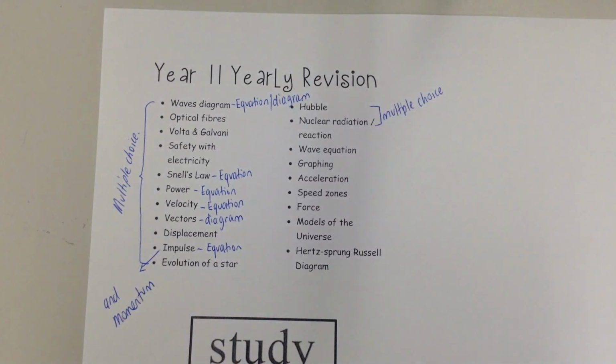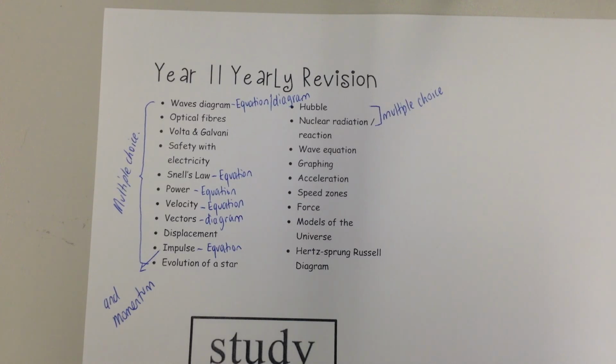If I say nuclear radiation reaction, I guarantee you will see it again. So I'm telling you now that nuclear radiation reaction is at least 5 to 6 marks in your total exam. So it gets mentioned once in the multiple choice, 1 mark, and then there's 4 to 5 marks in the short answer.